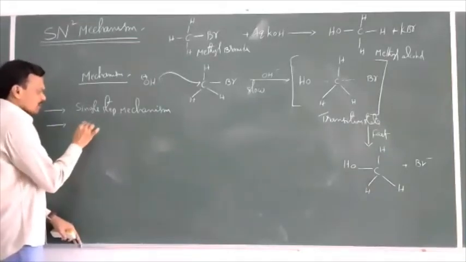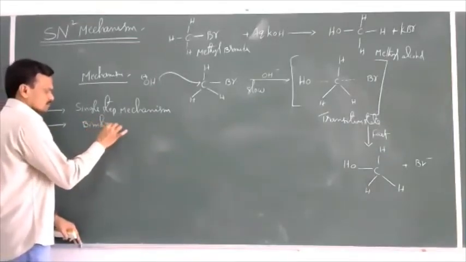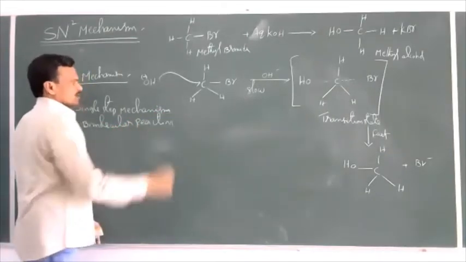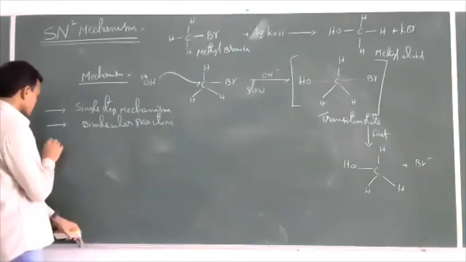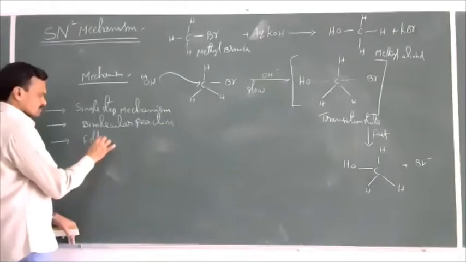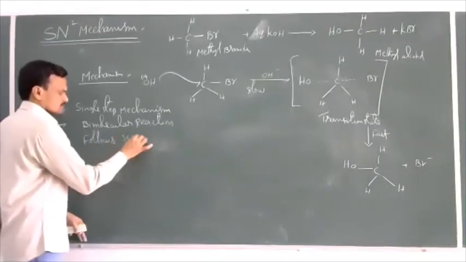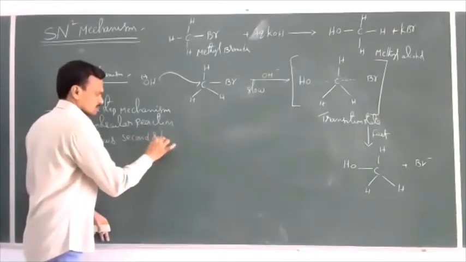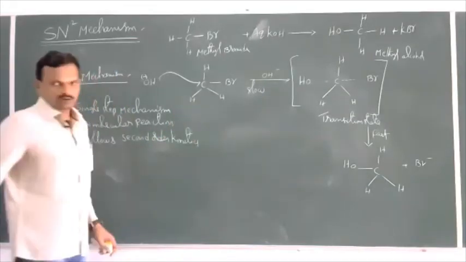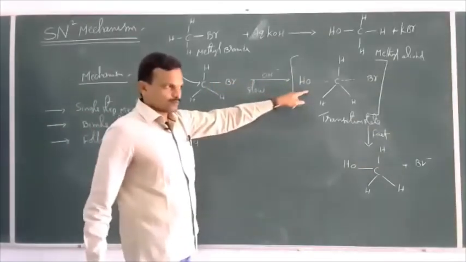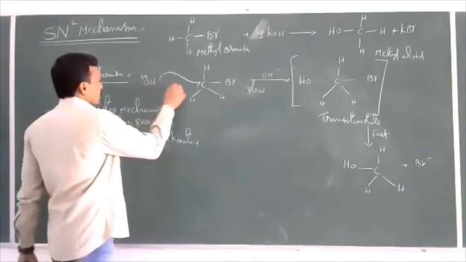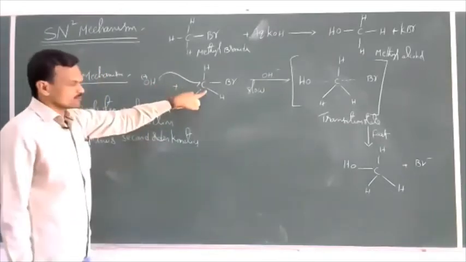It is a bimolecular reaction, so it follows second order kinetics. Let us see now. This is the slow step. In the slow step, how many reacting species are there? One is OH minus and one is methyl bromide.